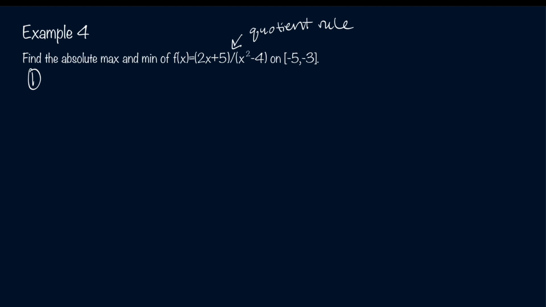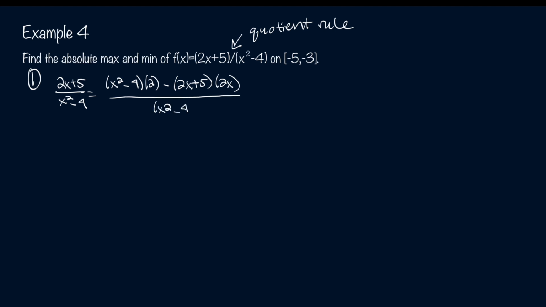Now, we have 2x plus 5 over x squared minus 4. So that is going to be equal to x squared minus 4 times 2, minus 2x plus 5 times 2x, all over x squared minus 4 squared.